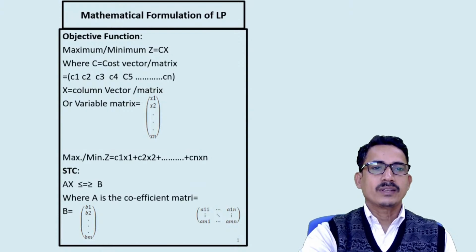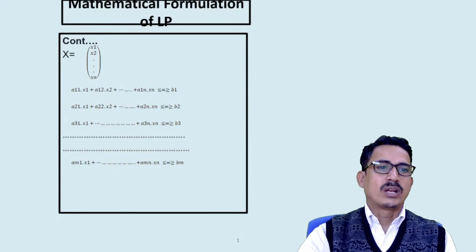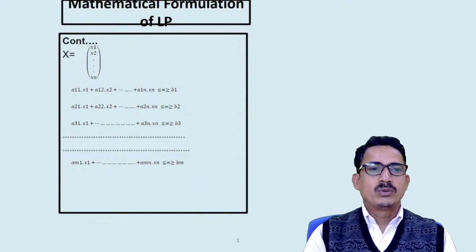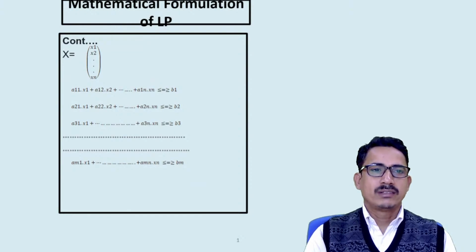Before that you should know the rule of matrix multiplication. Let the first matrix be A and the second matrix B. Then the number of columns of the first matrix should be equal to the number of rows of the second matrix. Then the multiplication is possible.